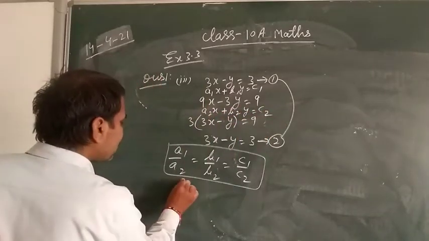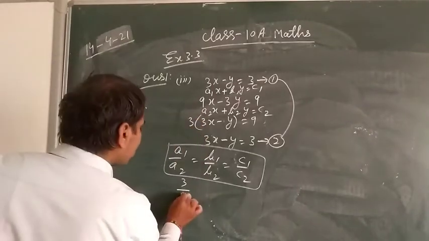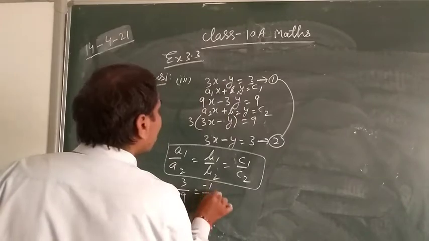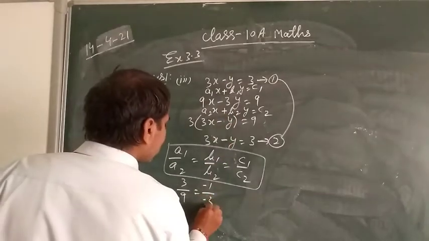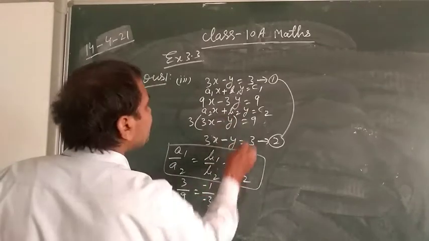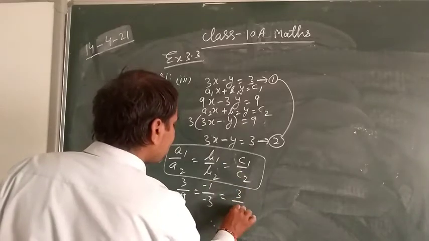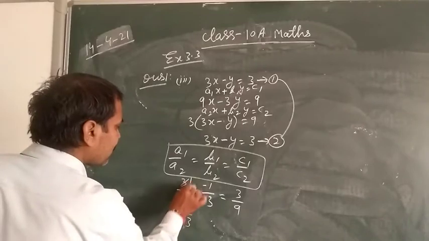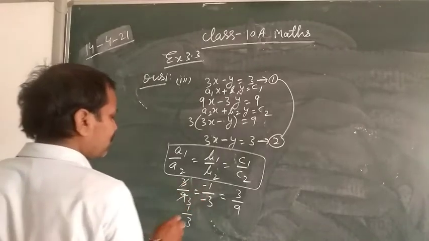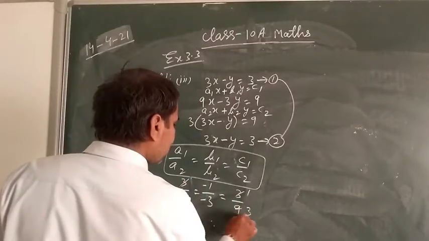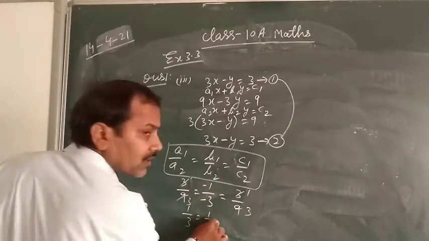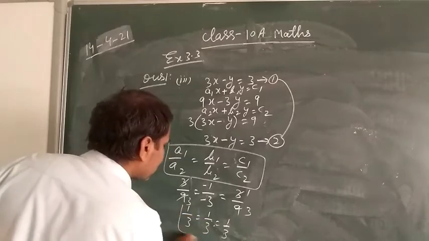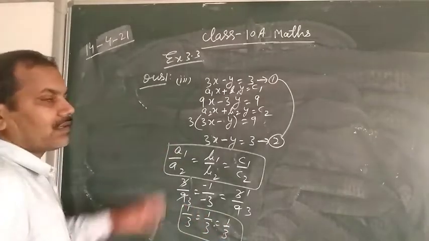So a1 is 3 and a2 is 9, b1 is minus 1 and b2 is minus 3, c1 is 3 and c2 is 9. So 3 by 9 cancels, 1 by 3. This also, minus cancels, 1 by 3. So 1 by 3 is equal to 1 by 3, meaning it satisfies the condition. Clear?